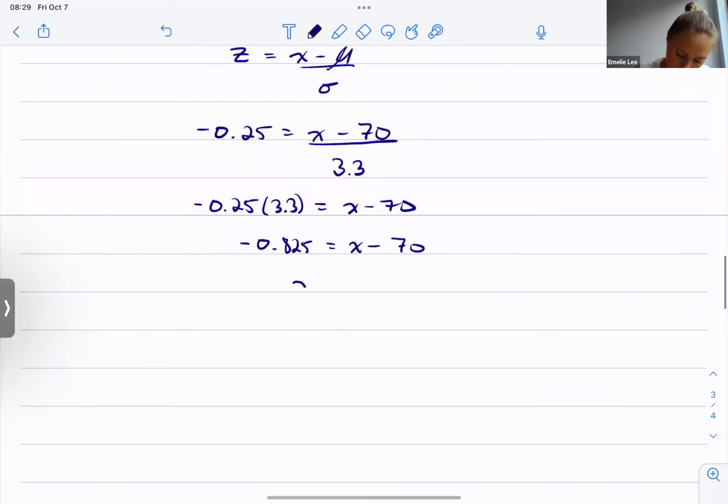So then X is going to be 69.175. I always do this kind of revolving door with the equal sign, you can kind of switch it. Whatever I'm solving for, I always put on the left. But this is negative 0.825 plus 70.